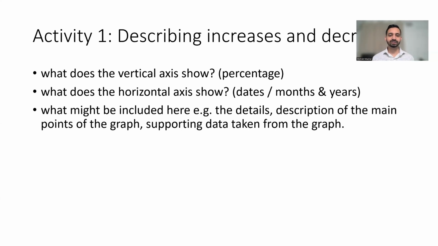What might be included here will be, for example, the details, the description of the main points of the graph and supporting data taken from the graph. So in the vertical axis, you might be presented with percentages, for example. You could be presented with different things, but you have to make sure that you're looking at what is presented in the vertical axis. In the horizontal axis, for example, it could be dates, months, years, whatever is presented to you. This is just an example.